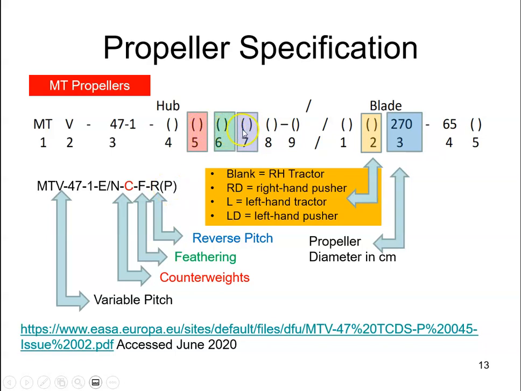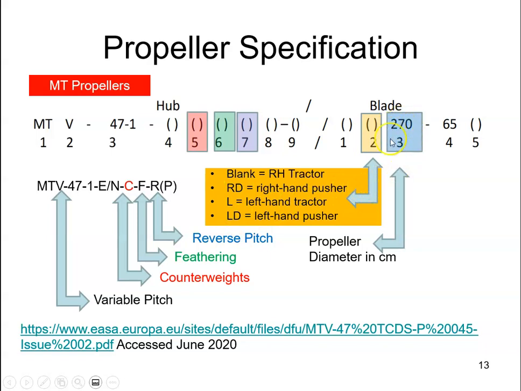So there are those dash numbers in the propeller part number, and then there might be another number here relating to the propeller blades. And the number 2 here, it's normally blank, and if it's blank, that means it's a right-hand tractor propeller. If it's not blank, then it's either a right-hand pusher, which would have RD, or it's a left-hand propeller, which would have the L, or it's a left-hand pusher, which has the LD.